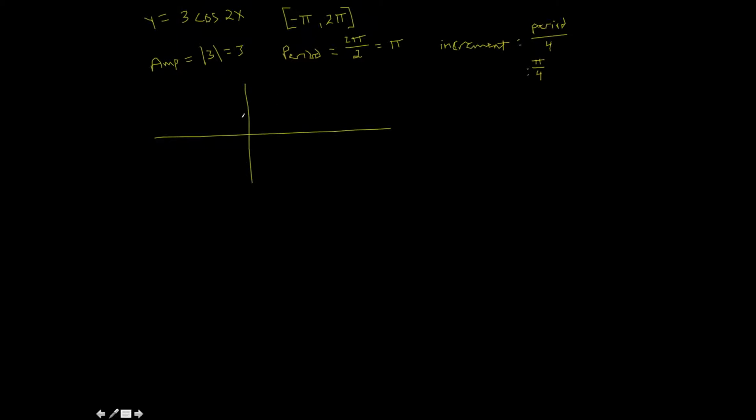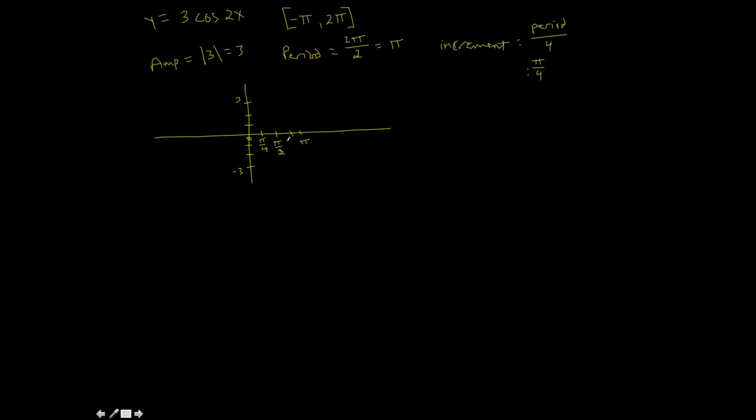Alright, so let's draw. We know that our amplitude is 3, so it's going to go 3 units north and south. Okay, so that takes care of the amplitude. And we know that this is 0, and we're going to go from negative pi to 2 pi. So I'm going to do the positive ones first. So we're going to go every pi over 4. That's our increment. The increment's going to help you scale this. So this would be pi over 2. Pi over 4 plus pi over 4 is pi over 2. Then you're going to add another pi over 4.